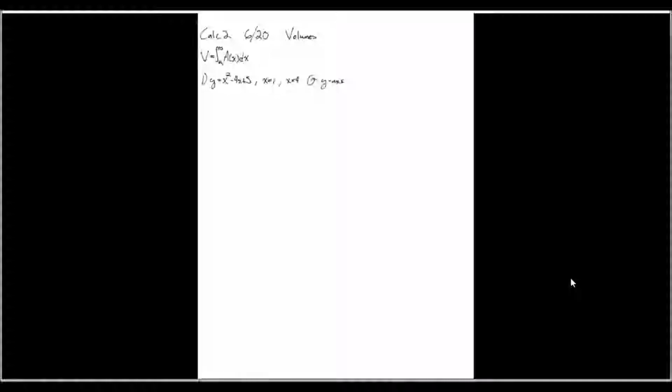So the graph, let me do a little doodle here. Okay. Our graph here is going to look something like, so if we got x equals 1, and then it goes to x equals 4, something like this, and our curve does that.